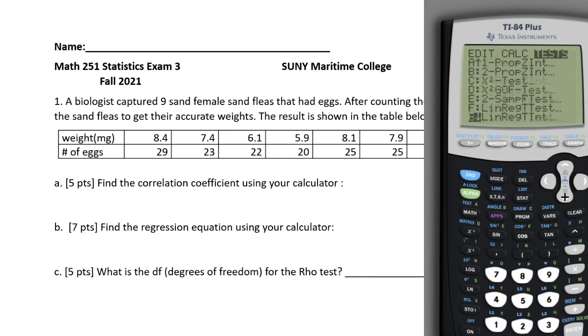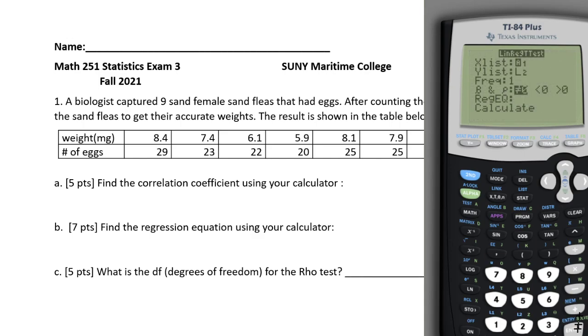If you go way down, there's the linear regression test, and there are 2 tests, and the one that you want to use is the first one, the t-test. If you apply the regression t-test, just don't touch anything. The default is L1 and L2, which is what you used, and then just calculate, enter, and it gives you all the values.